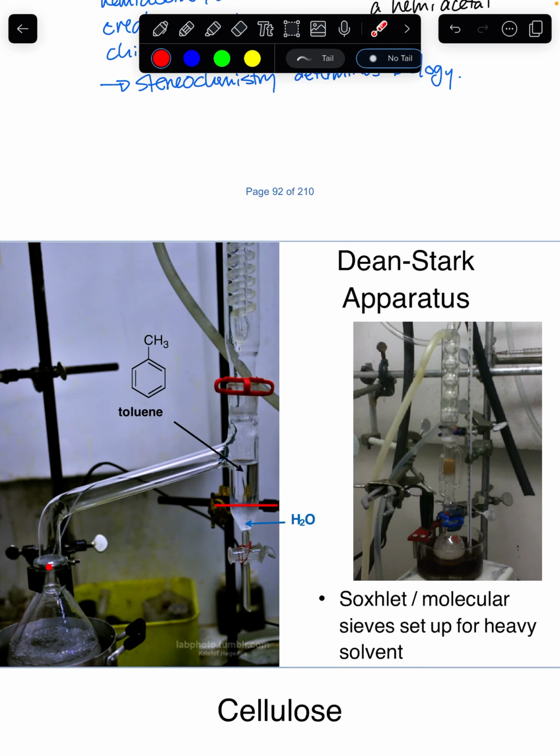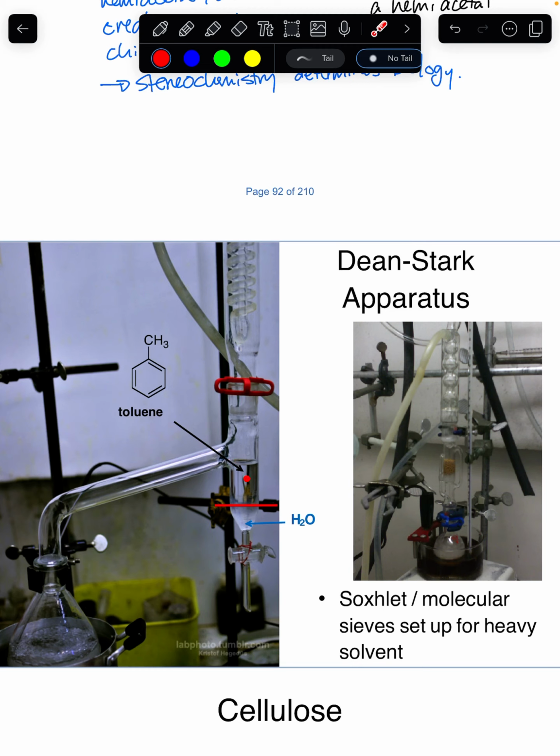And what happens is they evaporate at around the same boiling point as water, so the toluene or benzene solvent vapor goes up and gets condensed and drips down. Now, both toluene and water get condensed and drip down, but the water is heavier than the organic solvent, so it sinks to the bottom.